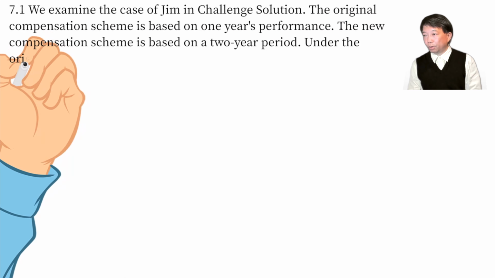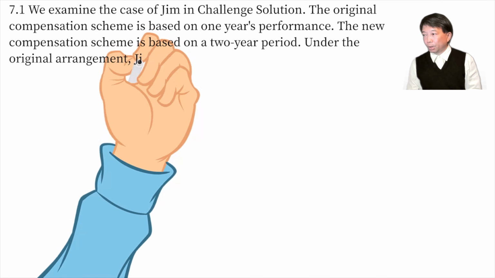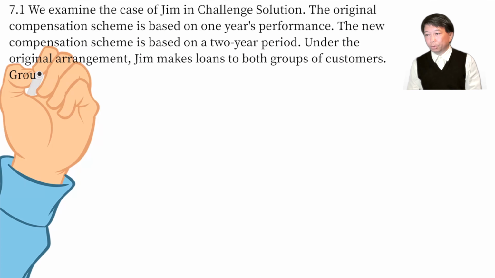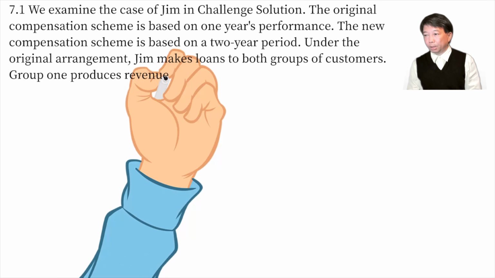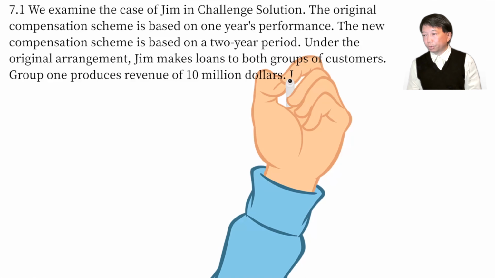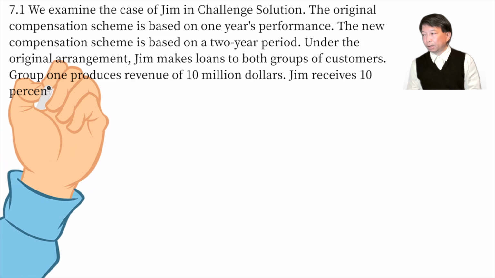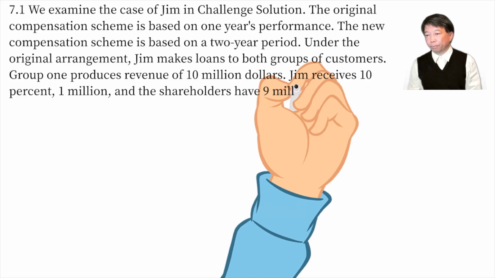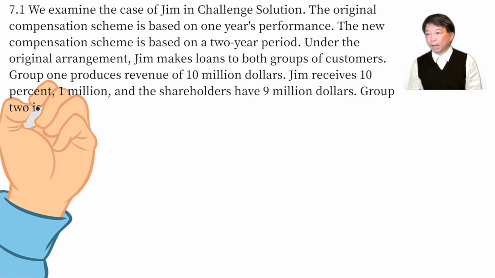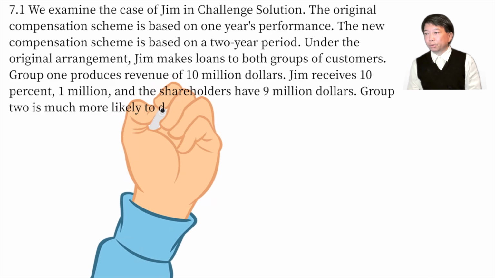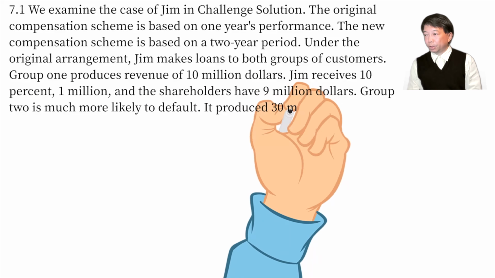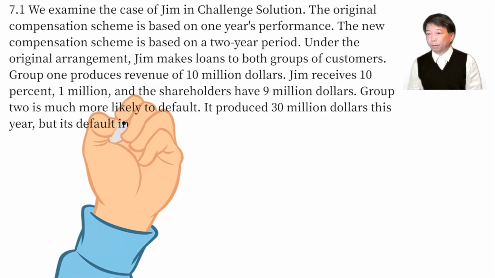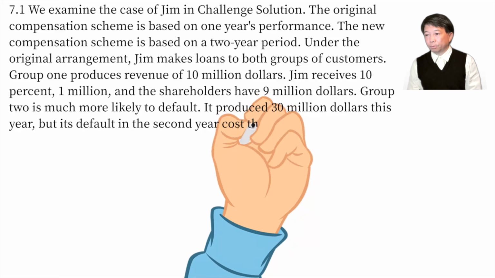Under the original arrangement, Jim makes loans to both groups of customers. Group 1 produces revenue of $10 million. Jim receives 10%, $1 million, and the shareholders have $9 million. Group 2 is much more likely to default. It produced $30 million this year, but its default in the second year cost the firm $40 million.